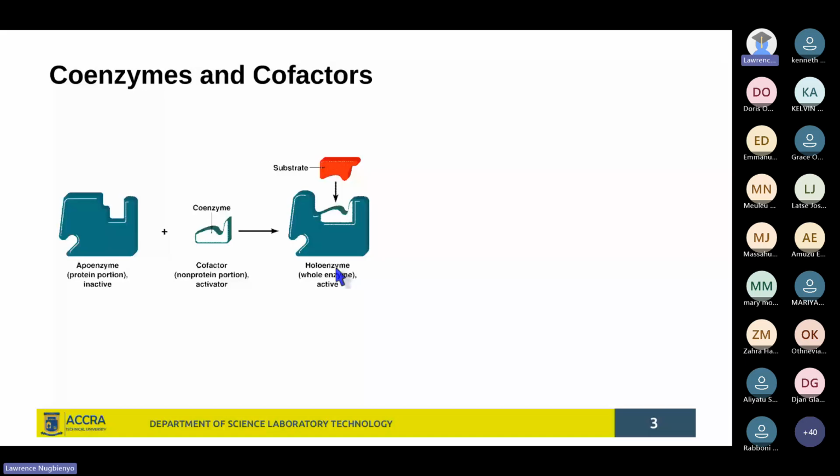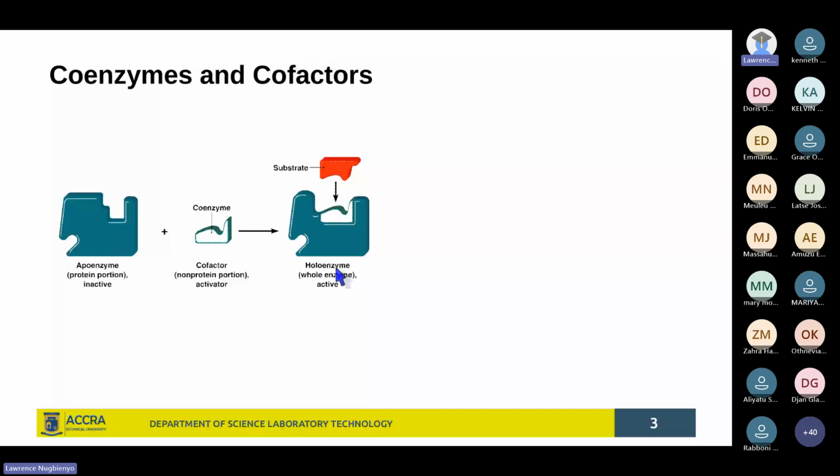So you see the coenzyme or the cofactor being depicted here, which binds to the active center of the enzyme. Here you see there's a mistake in the diagram.